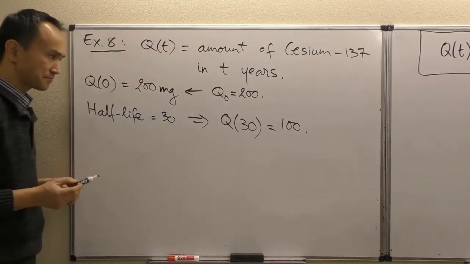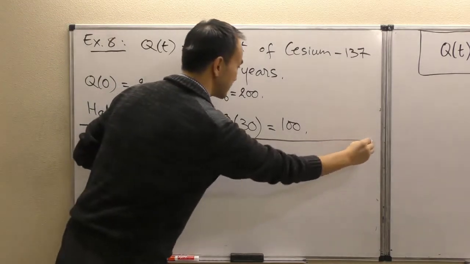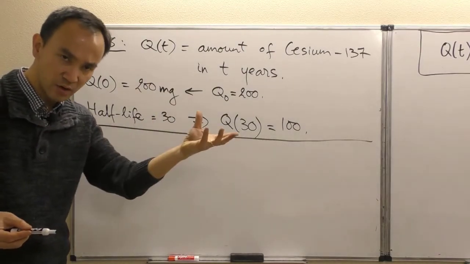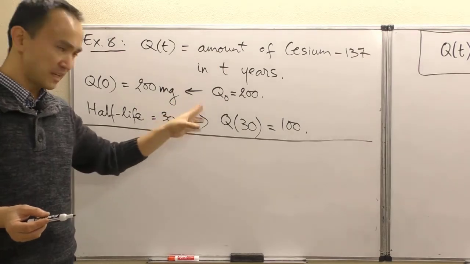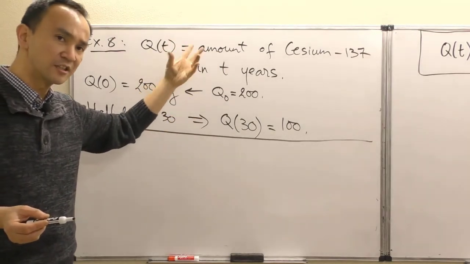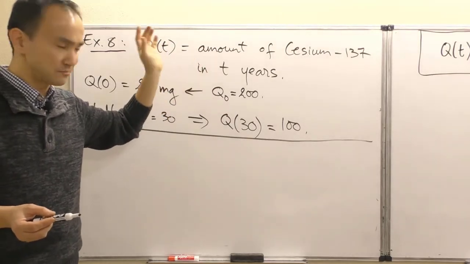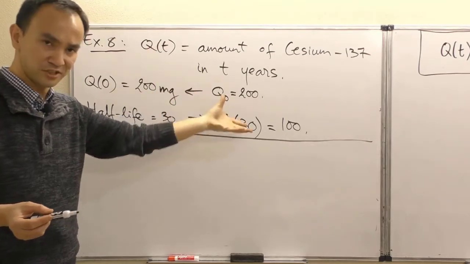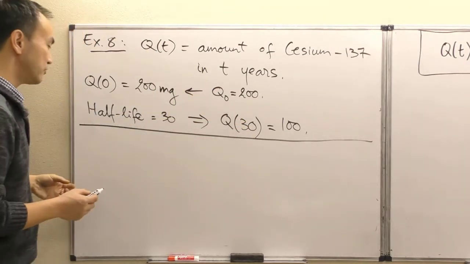Now let's construct our function. Again, I am going to stick with the continuous decay model. And just like the earlier two problems, we don't know the rate, which means I need to know what the k value is.